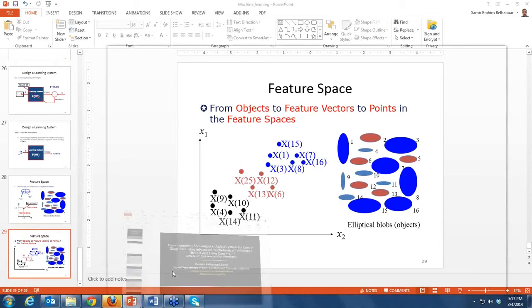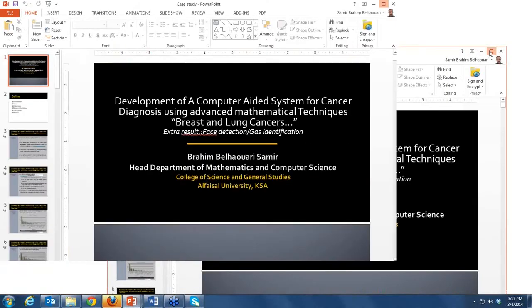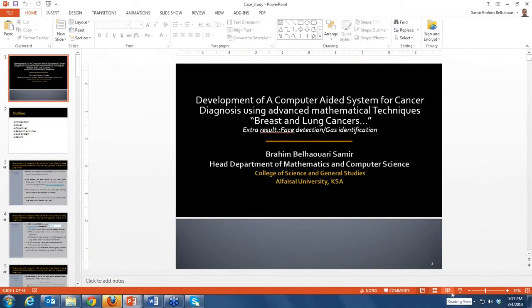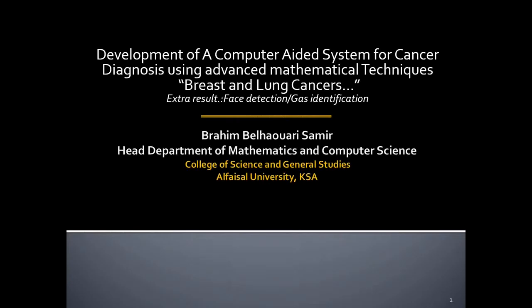This is exactly what I'm doing as research now in the medical field, but we can apply it to oil and gas applications. We can apply it to other fields, even for banking estimation.